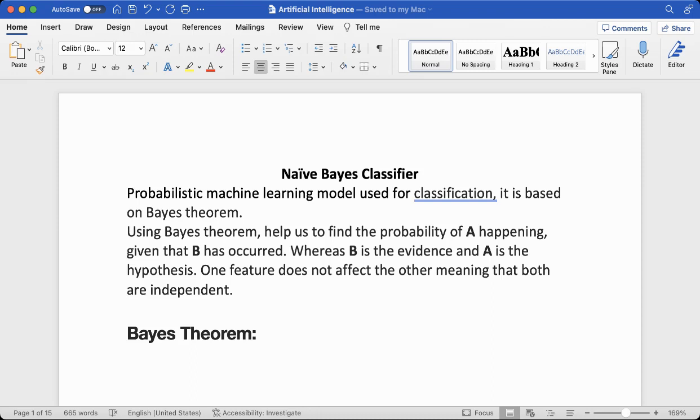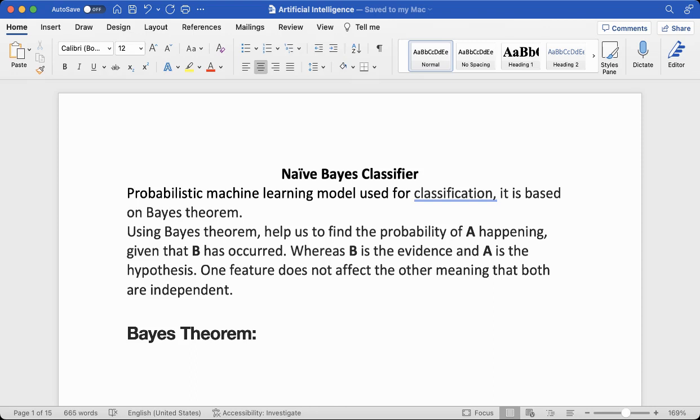This is not actually only one algorithm, or one model, as we call it. It is a collection of algorithms, and it totally works on the Bayes theorem. Using the Bayes theorem helps us find the probability of A happening given that B has occurred, where B is the evidence and A is the hypothesis.